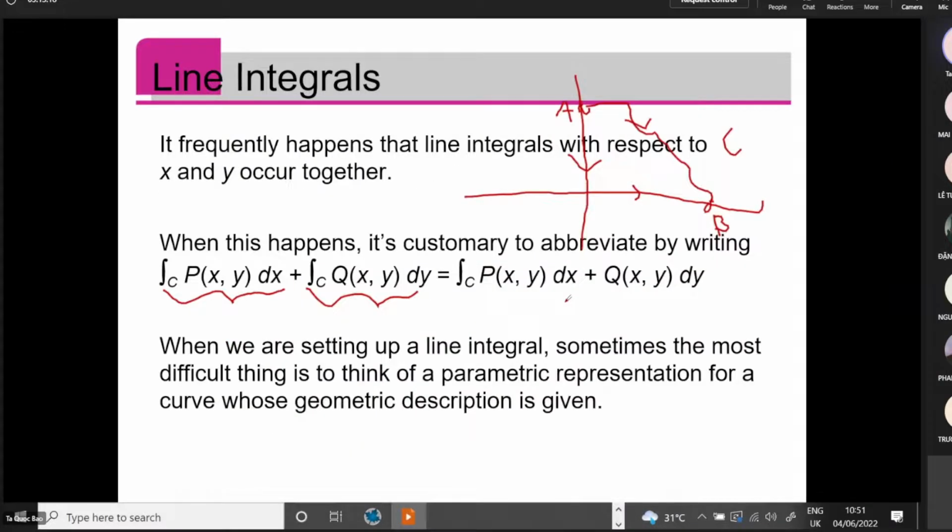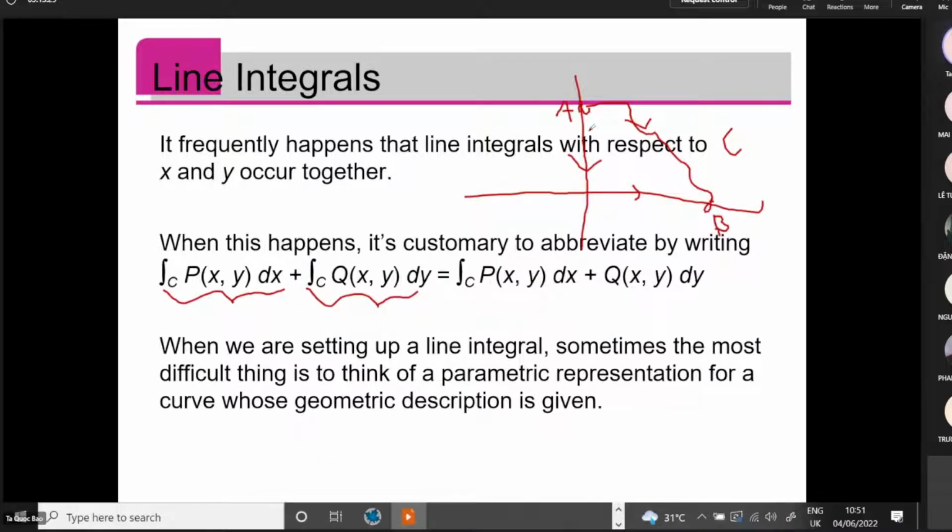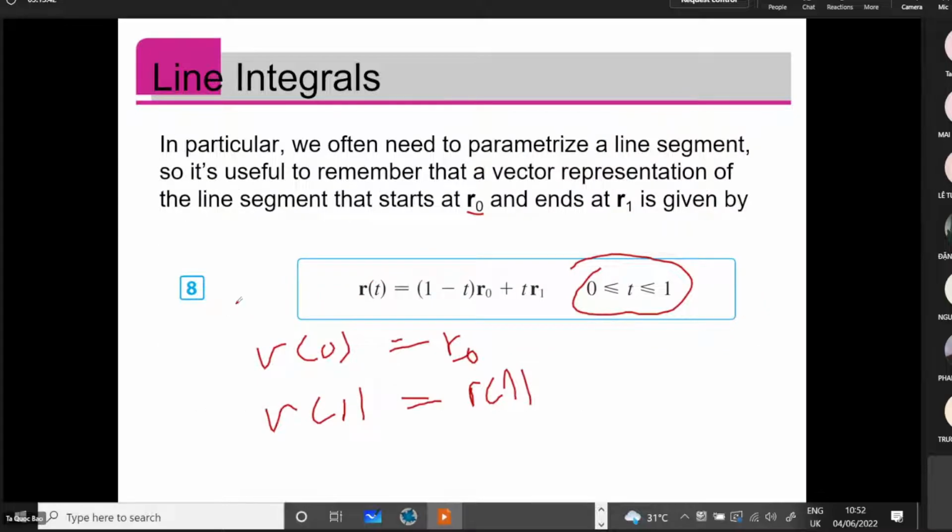So therefore we have this point A and B. We use the parametric equation r(t), and we obtain the direction from A to B here. For example, here's r0 and here's r1.